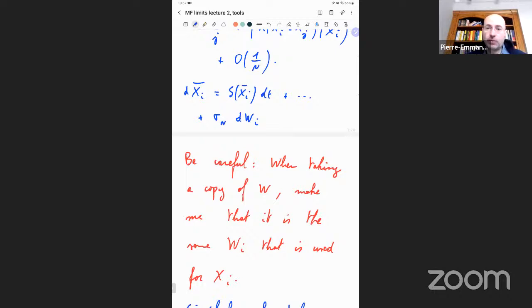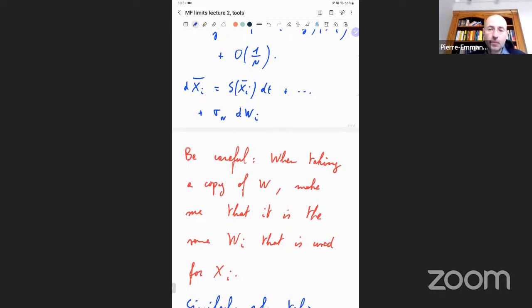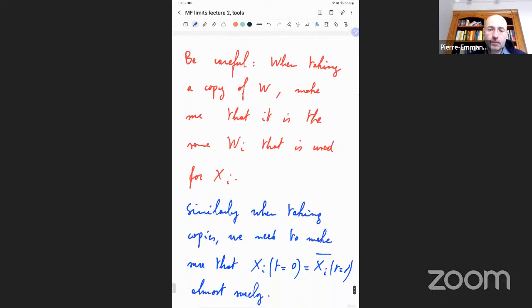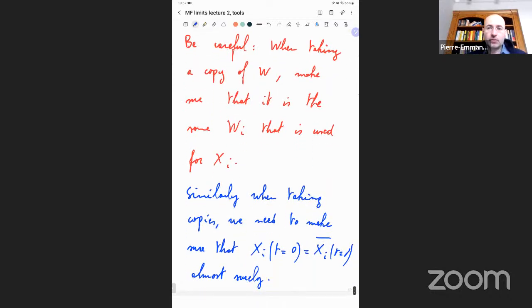And that's the thing: if you have a random variable, the law does not determine the random variable. You can have several random variables with the same law. So when taking copies, you need to be careful, and you need to make sure that the randomness is the right randomness for the system that you want to compare them to.